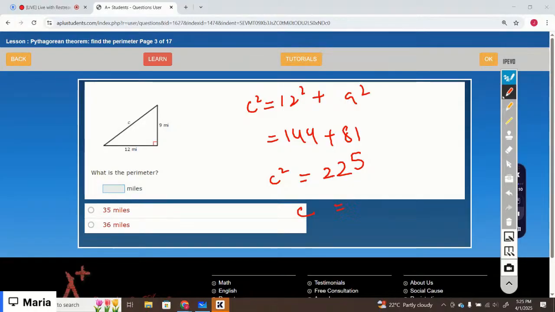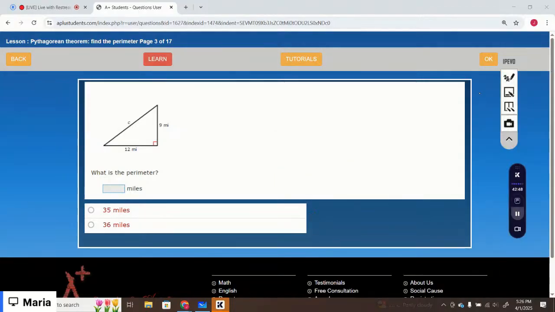Oh, we need to calculate the perimeter, not the side length, sorry. Let's just add 15 plus 12 plus 9. That is 36. Option number 2 is the correct option. That is 36 miles.